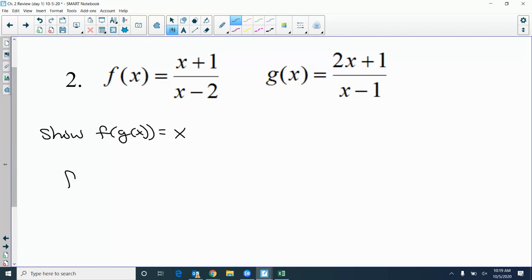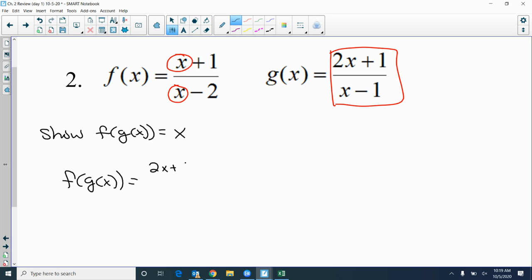So let's see. f of g of x equals, and I take that, replacing these x's with this whole expression. So it becomes 2x plus 1 over x minus 1, plus 1, and then that x is 2x plus 1 over x minus 1, minus 2. All right, you cannot just do this.